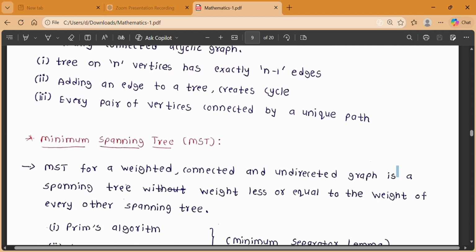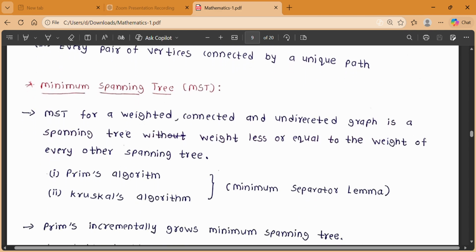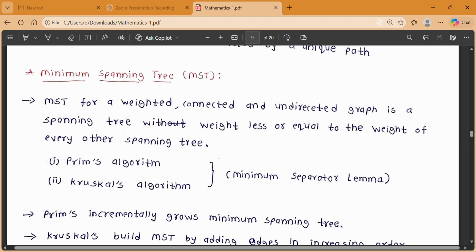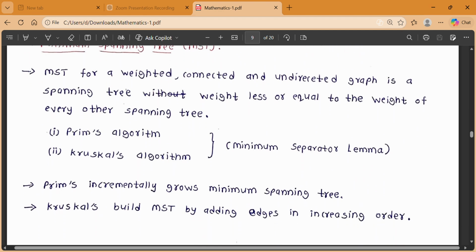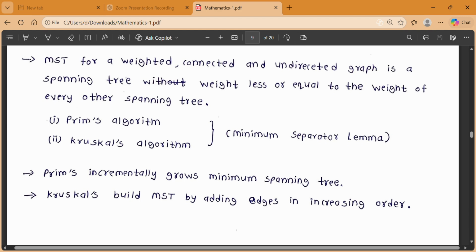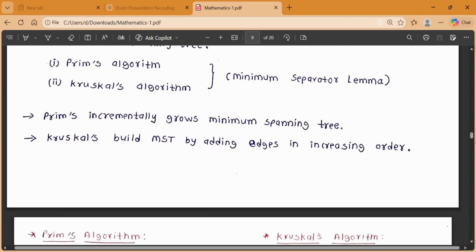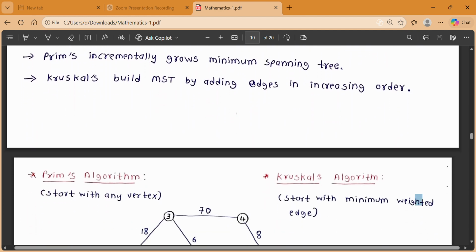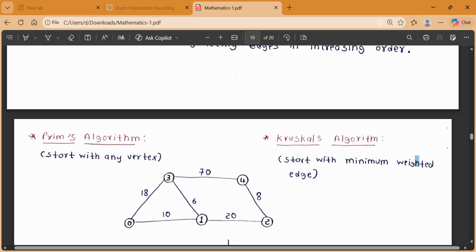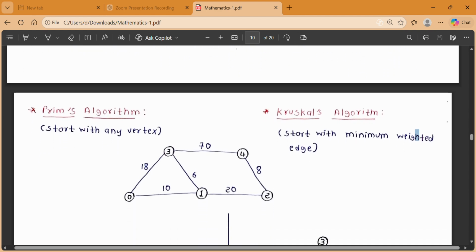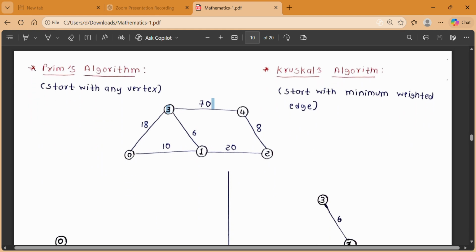Minimum spanning tree, MST, is for a weighted connected undirected graph. Algorithms: Prim's and Kruskal's, starting with zero weight.